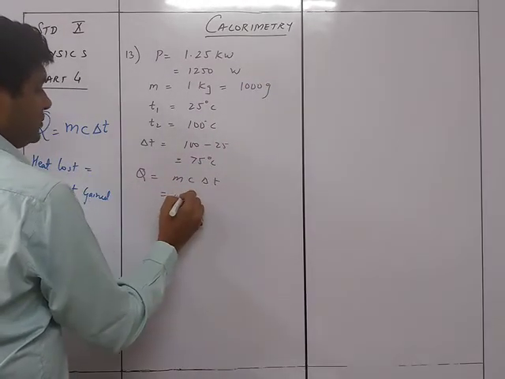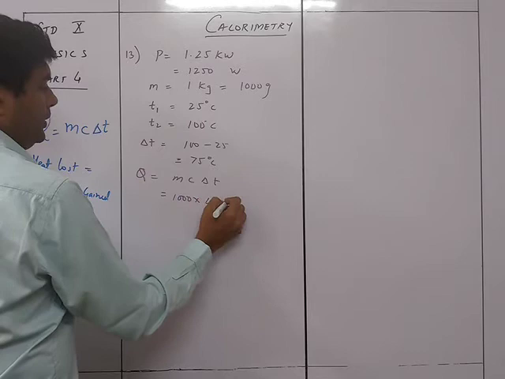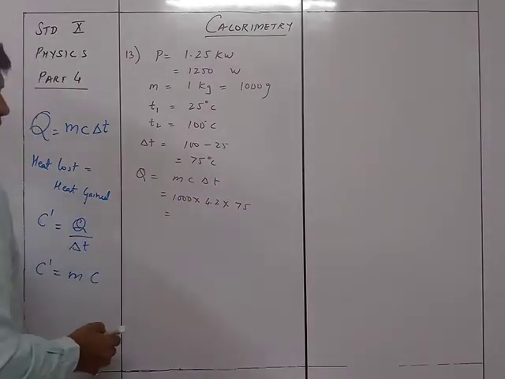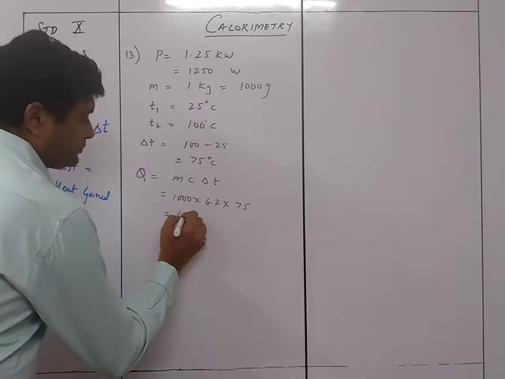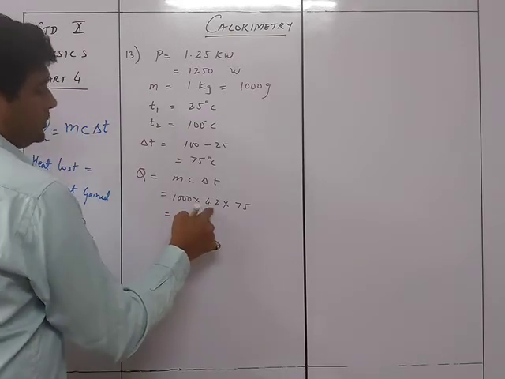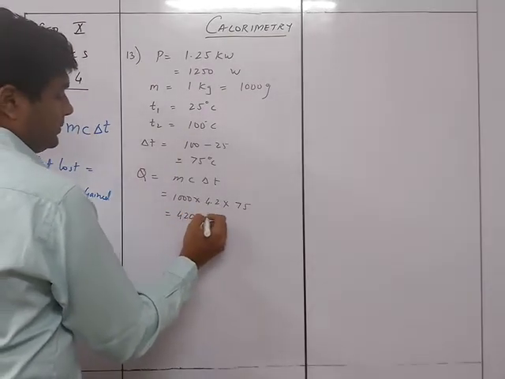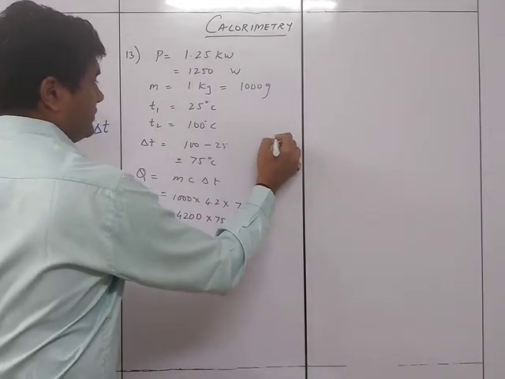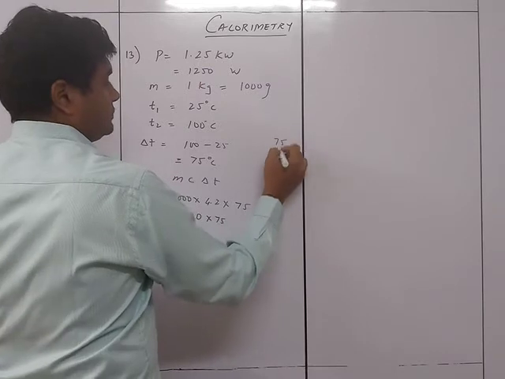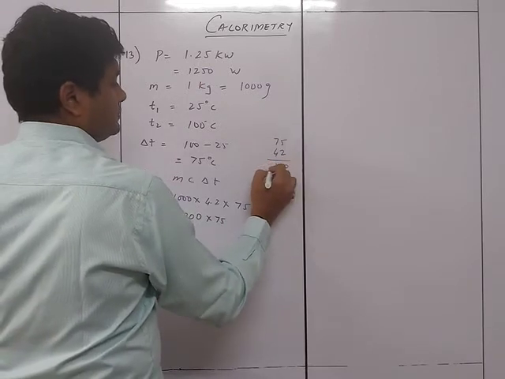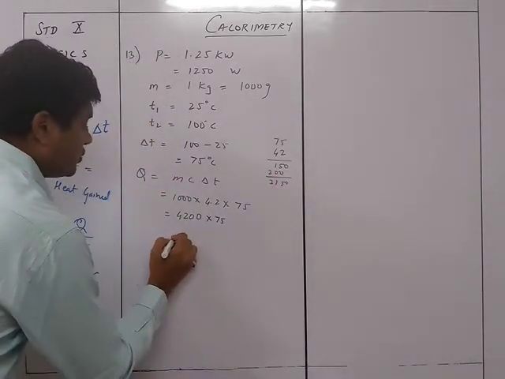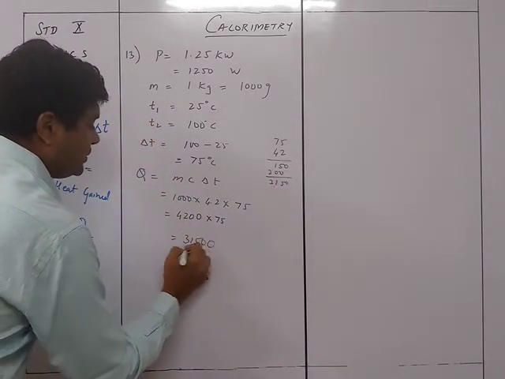So we'll take it as 1000 into 4.2 into 75. That is 4200 into 75. So that is going to be 315000 joule.